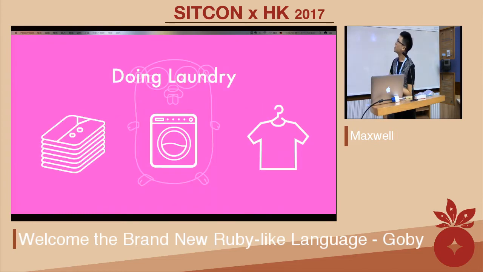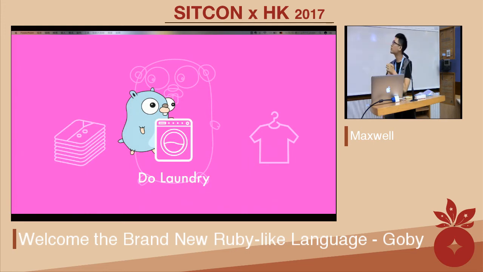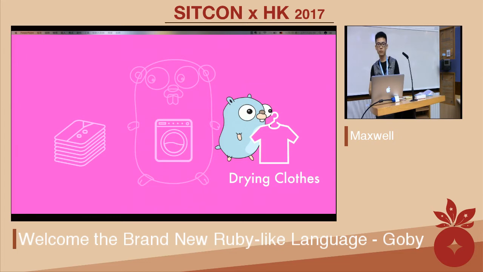You can see that I separated this example into 3 parts, 3 subtasks. The first one is to collect the clothes, and this is Gopher, which is the mascot of the Go programming language. The second task is to do the laundry, of course. And the third task is to dry the clothes.